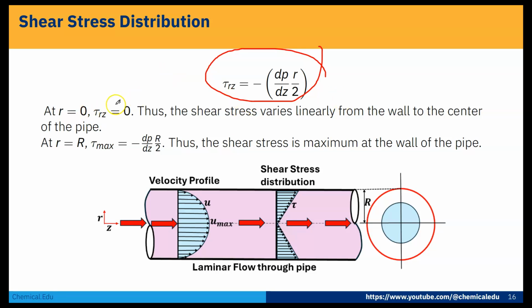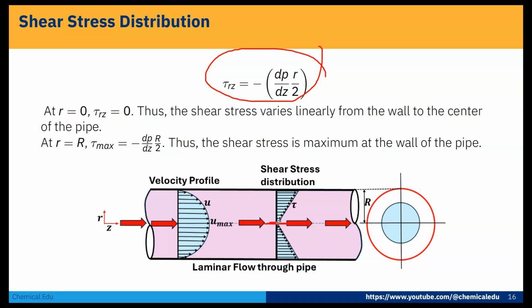Now if I put the boundary condition at r is equal to 0, means at the center line, tau rz is equal to 0, means the shear stress varies linearly from the wall to the center of the pipe. At the center the velocity is maximum but shear stress is 0, means minimum.